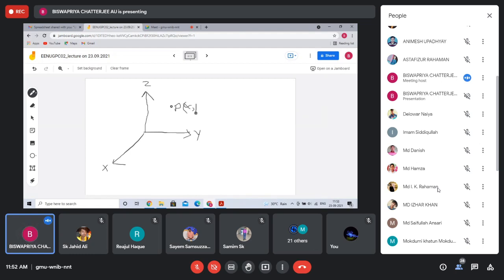These three are new points in a particular coordinate system. Alpha beta gamma has new definitions.